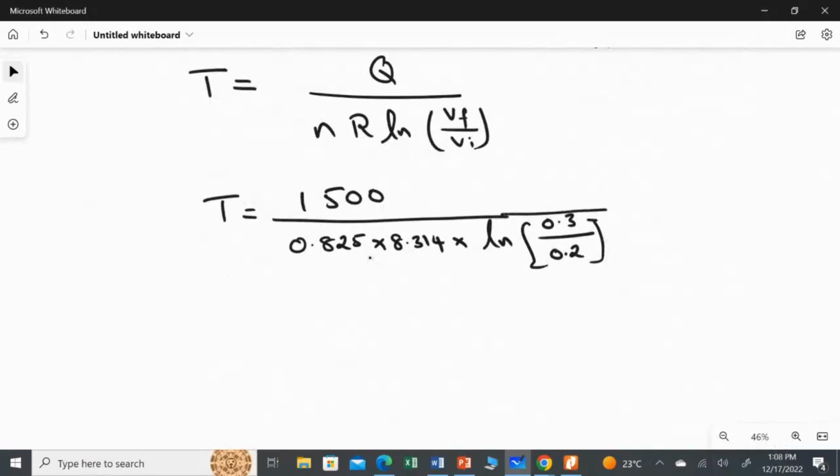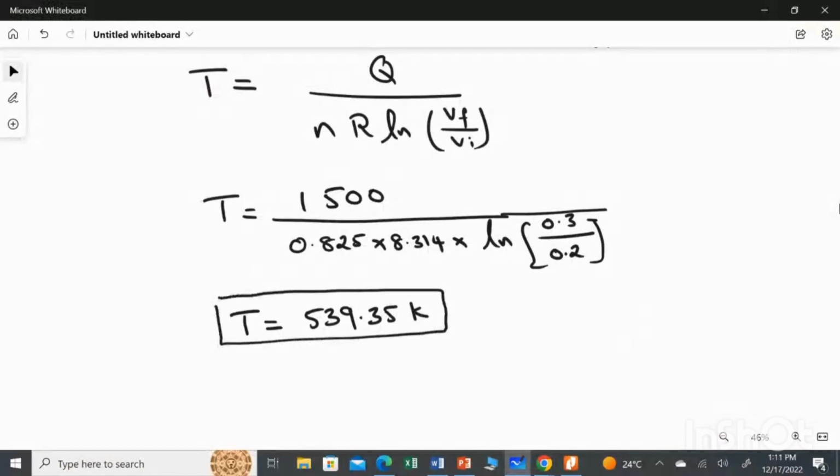Now I'm going to calculate. I got the answer T equal to 539.35 Kelvin. So this is the answer for this question. That's it. Thank you.